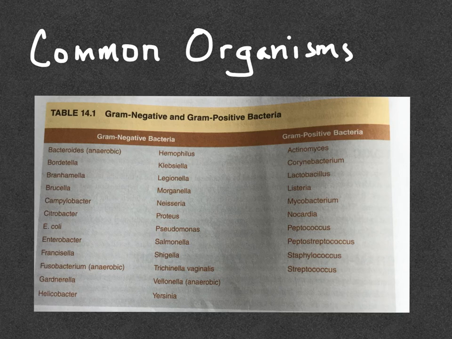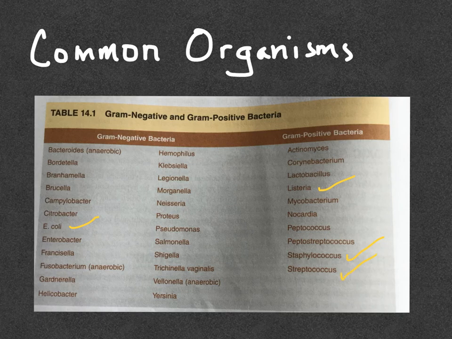Here is a list from your textbook of some common organisms or bacteria that you might come across when coding in this particular chapter. A lot of you are probably familiar with some of these terms, such as E. coli or Listeria, Staphylococcus or just a staph infection, Streptococcus.